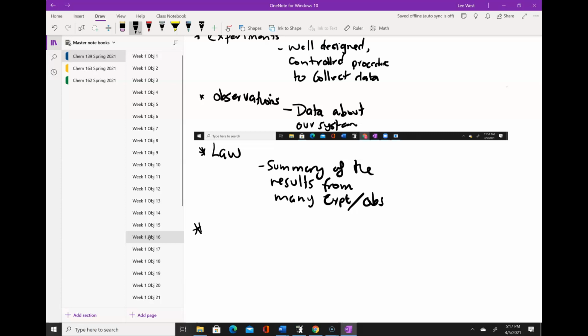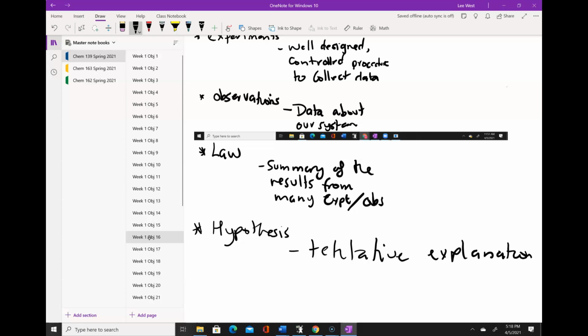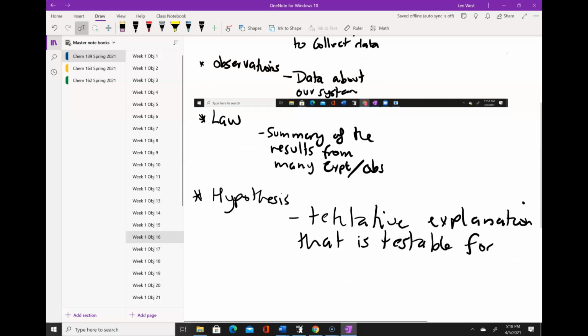Then you might come up with what we call a hypothesis, which is a tentative explanation that is testable for a set of data.